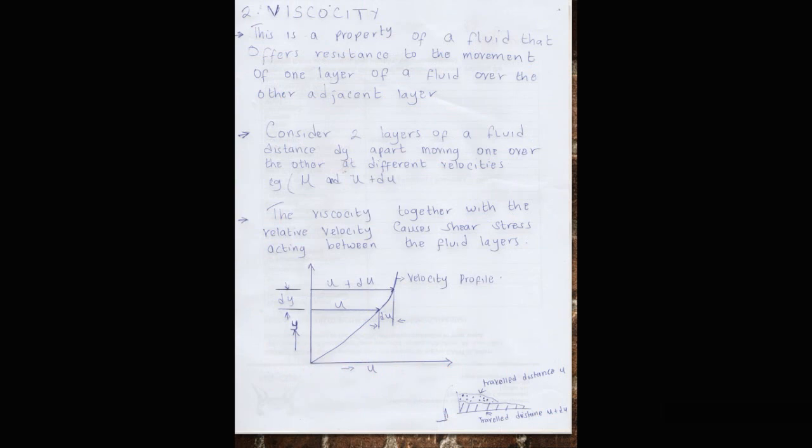So another property of a fluid is viscosity, and this is a property of a fluid that offers resistance to the movement of one layer of a fluid over the adjacent layer. Consider two layers of a fluid, distance dy apart, moving one over the other at different velocities, e.g. u and u plus du.